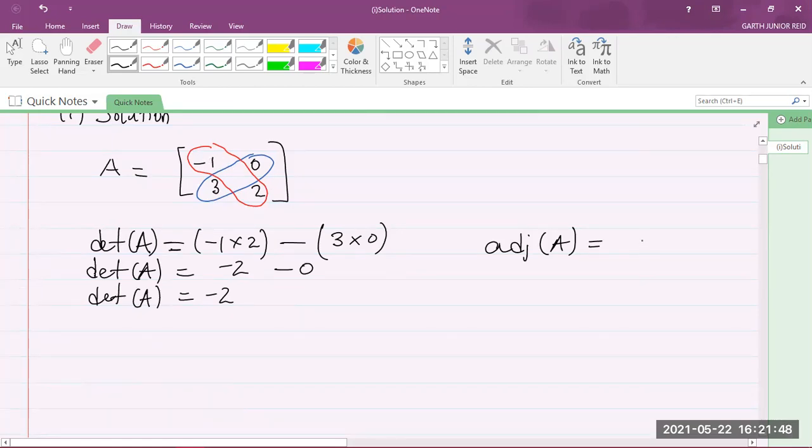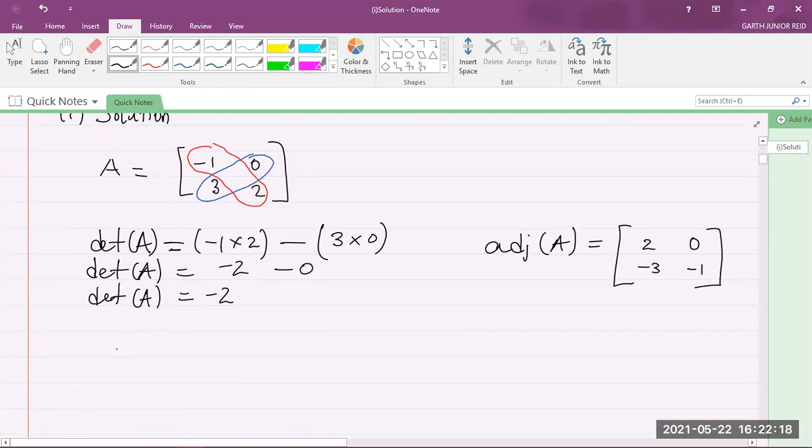So it means that 2 will come here, and negative 1 will come here. And for the elements in the anti-diagonal, the ones in blue, we are going to multiply those elements by a negative 1. So if I do that, I will get 0 here, and I will get a negative 3 here. And that is known as the adjoint of the 2 by 2 matrix A.